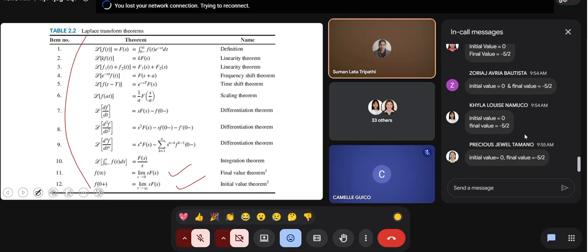Initial value theorem. And Laplace of any integral is nothing but F(s) by s, and this one is for differential. This is the time shifted function, this one is the frequency shifted function.